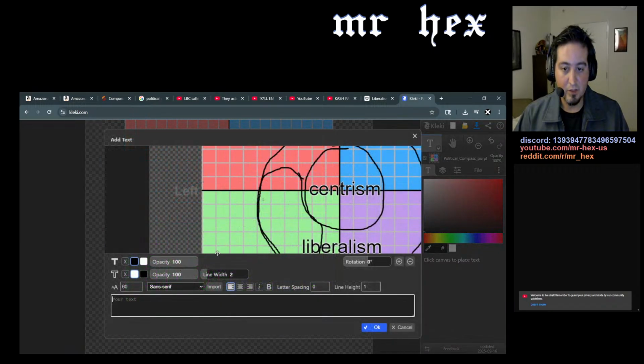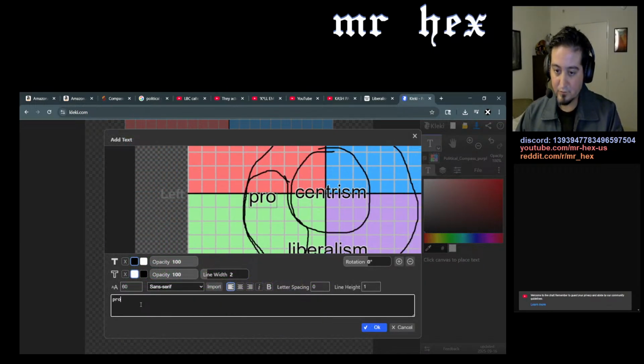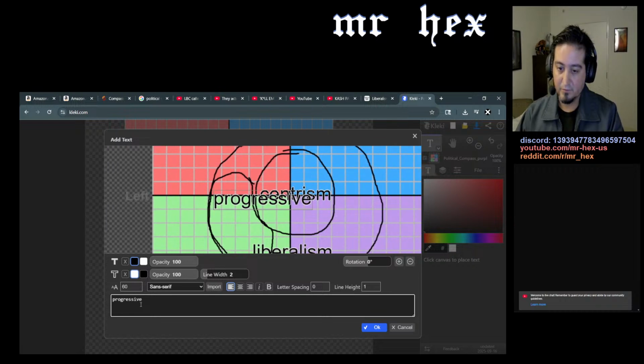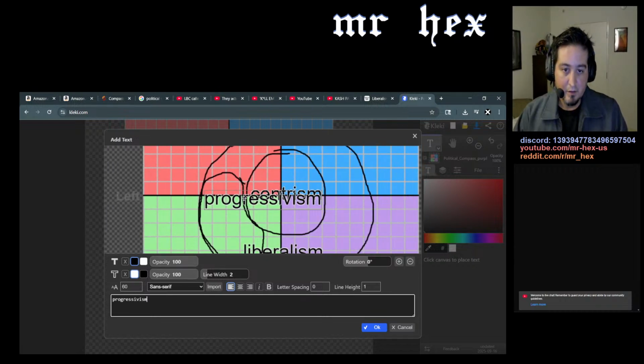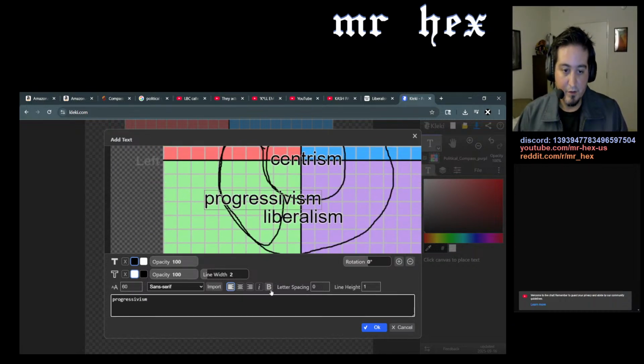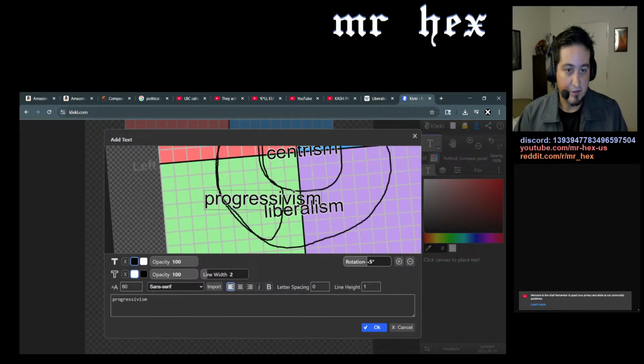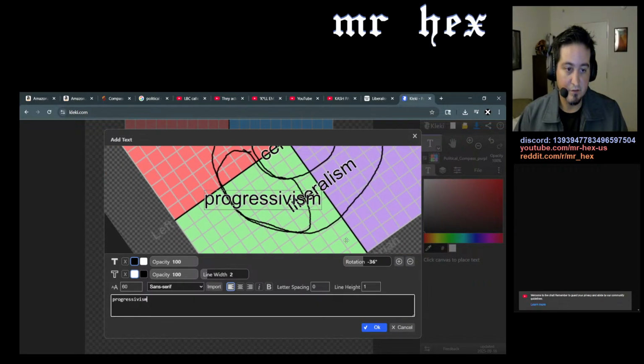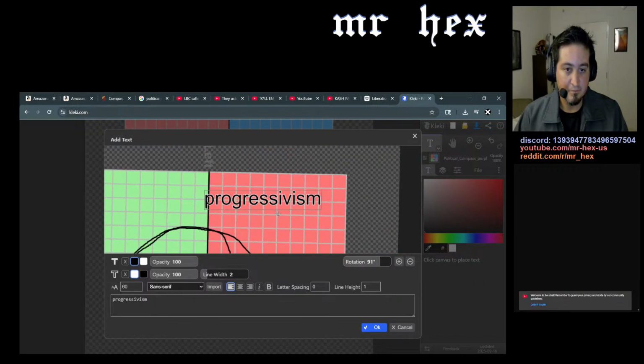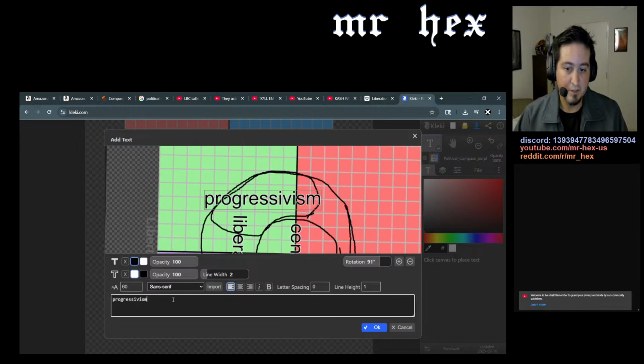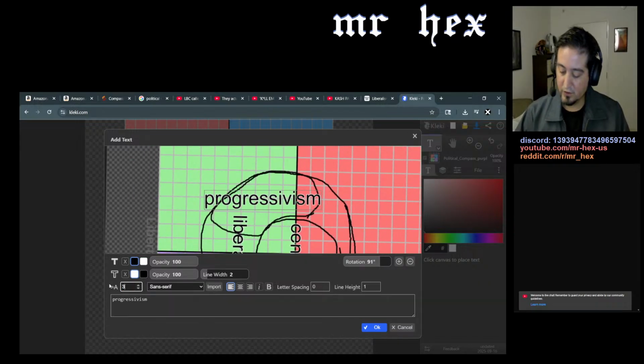Progressivism tends to be quite a bit libertarian, and the reason that it's libertarian, nice, I could do rotation and everything. Is that easier to read? Do a smaller text size, font size.